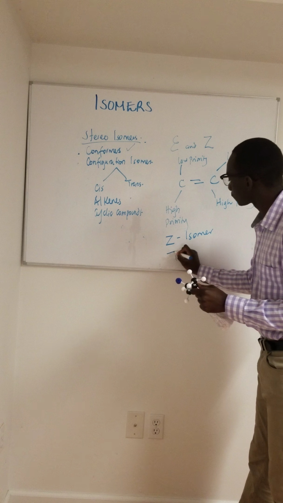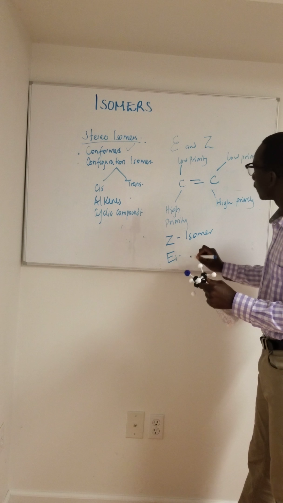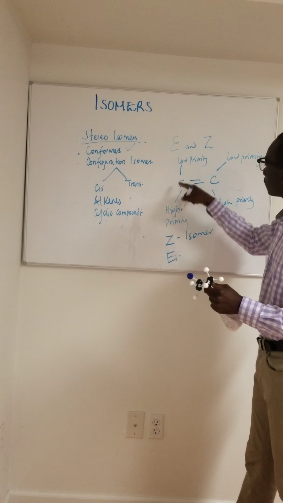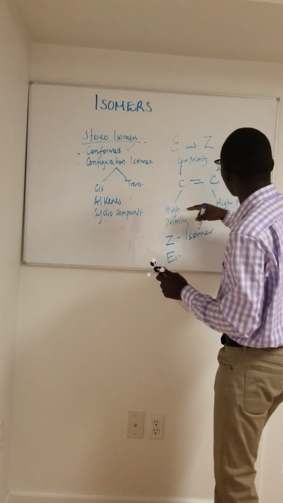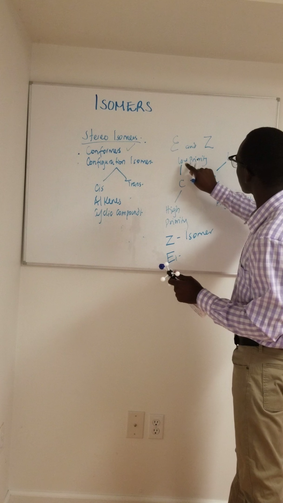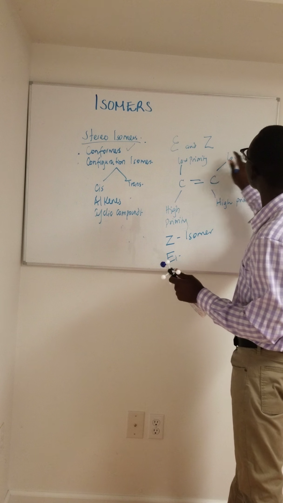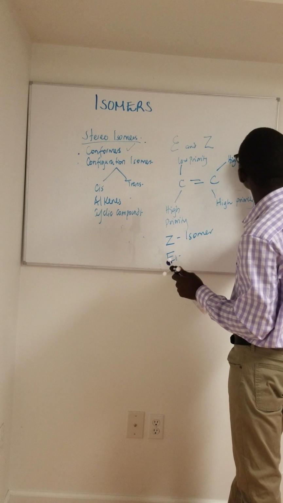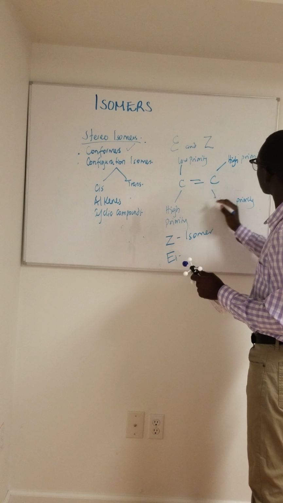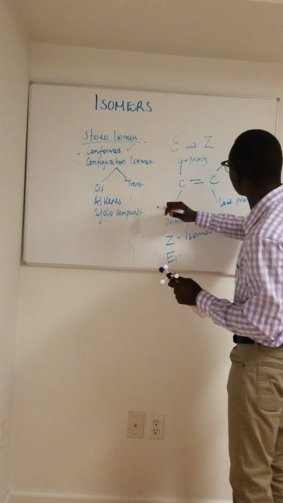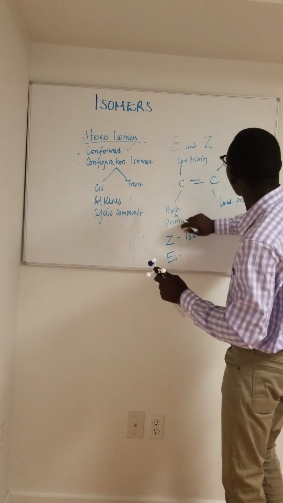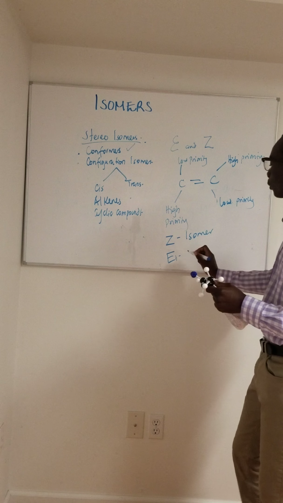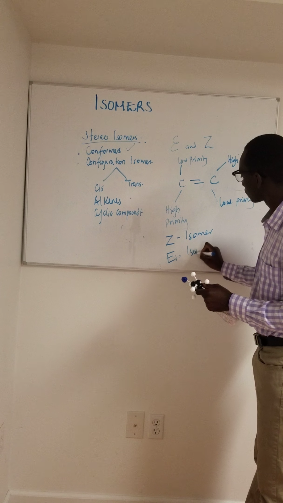The E isomer is when you have the high and the low priority, for example, low and high on the same side. If I have something like this, low, high, high, low, then I'll have what we call an E isomer.